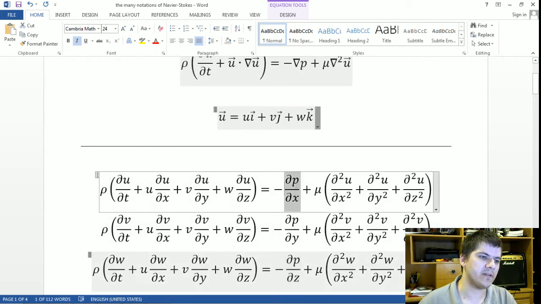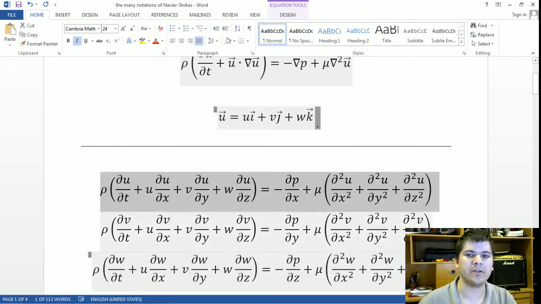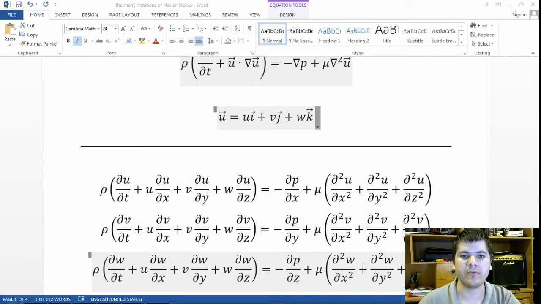So here is, let's take for example the x component of the Navier-Stokes equation, which is also a conservation of momentum equation, which also corresponds to Newton's second law of motion.